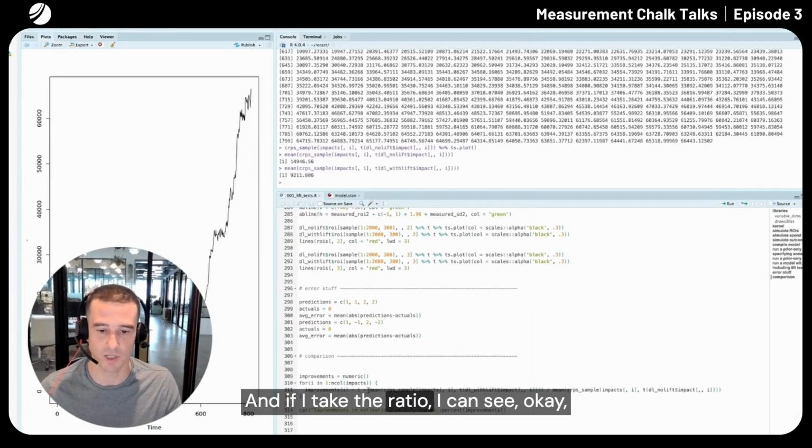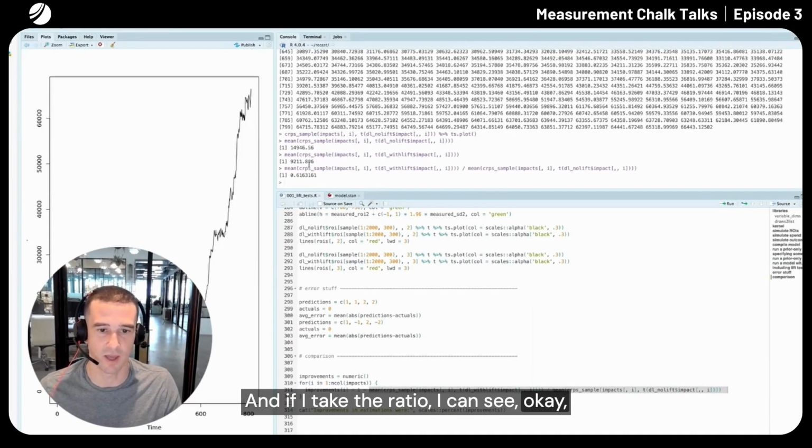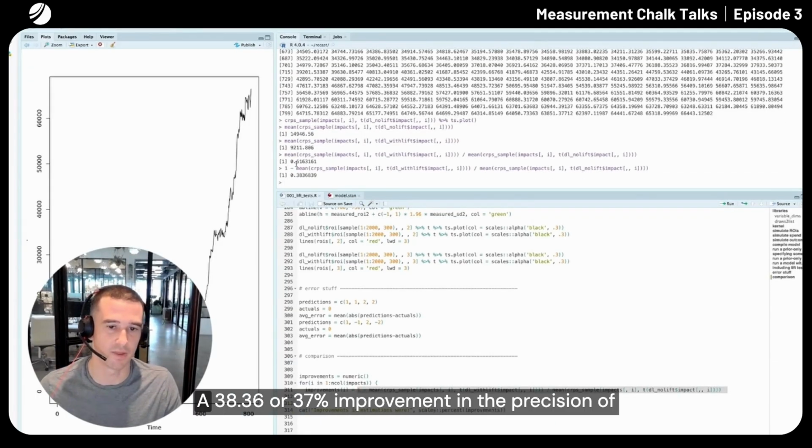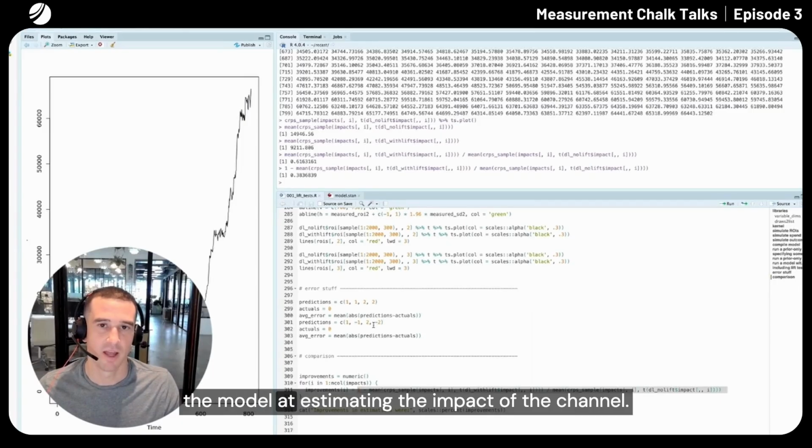And if I take the ratio, I can see, okay, the model with lift tests had 61% of the error that the model with no lift test had. And if I take 1 minus that, I can call that the improvement, a 38.36 or 37% improvement in the precision of the model at estimating the impact of the channel.